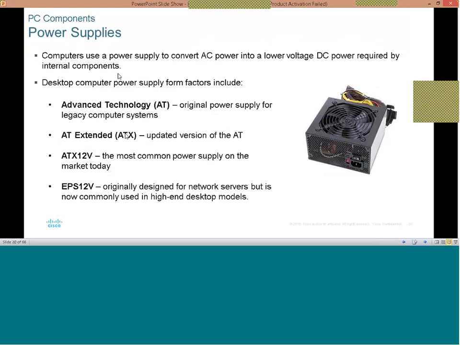And then we'll talk about the power supplies. It would be nice for us to understand that power supplies come in different form factors. A computer uses a power supply to convert AC power into a low voltage, which is the DC power required by internal components.